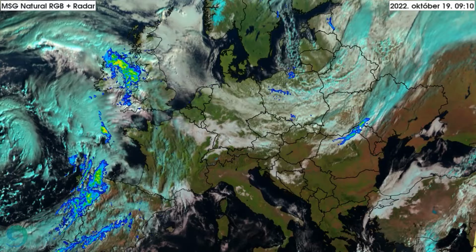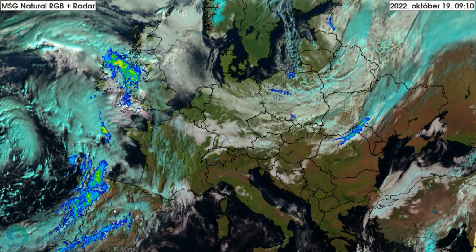And you can see the weak cold front with some precipitation. It's something like light rain or something like that. And here some thunderstorms as well.